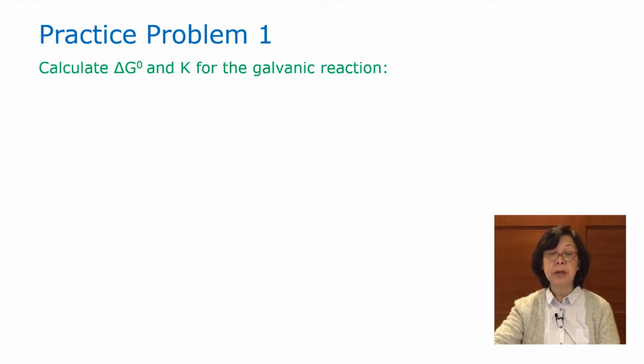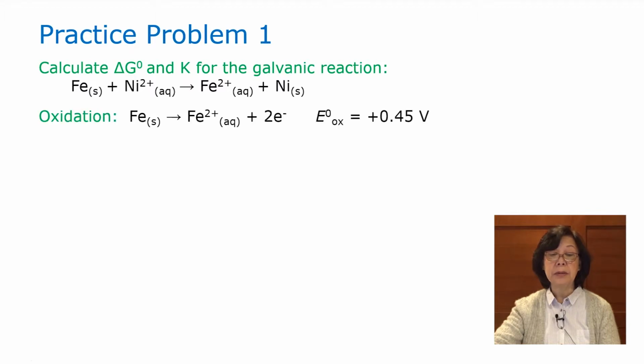Practice problem number 1. Calculate the Gibbs free energy change and equilibrium constant for the galvanic reaction of iron and nickel 2+ ion to form iron 2+ ion and nickel solid. When we look at the oxidation, iron is oxidized into iron 2+, giving out 2 moles of electrons. You can find the potential in your book.